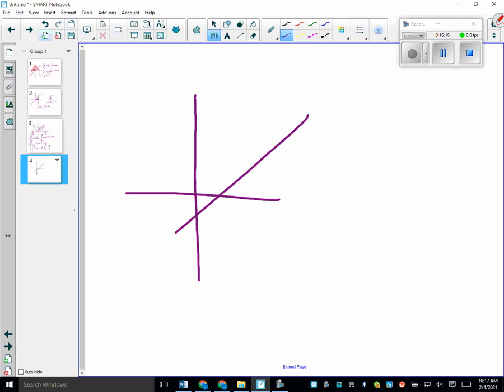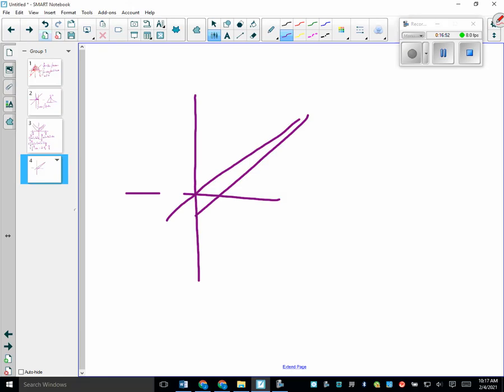Then I'm drawing x over 2, which looks like this, doesn't it?